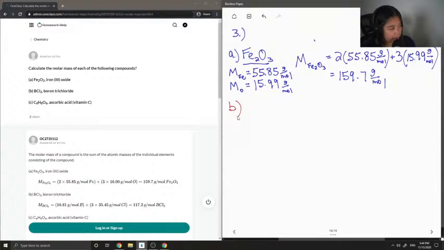Okay, on to B is boron trichloride. So the molar mass of boron is 10.81 grams per mole, and the molar mass of chlorine is 35.45 grams per mole.